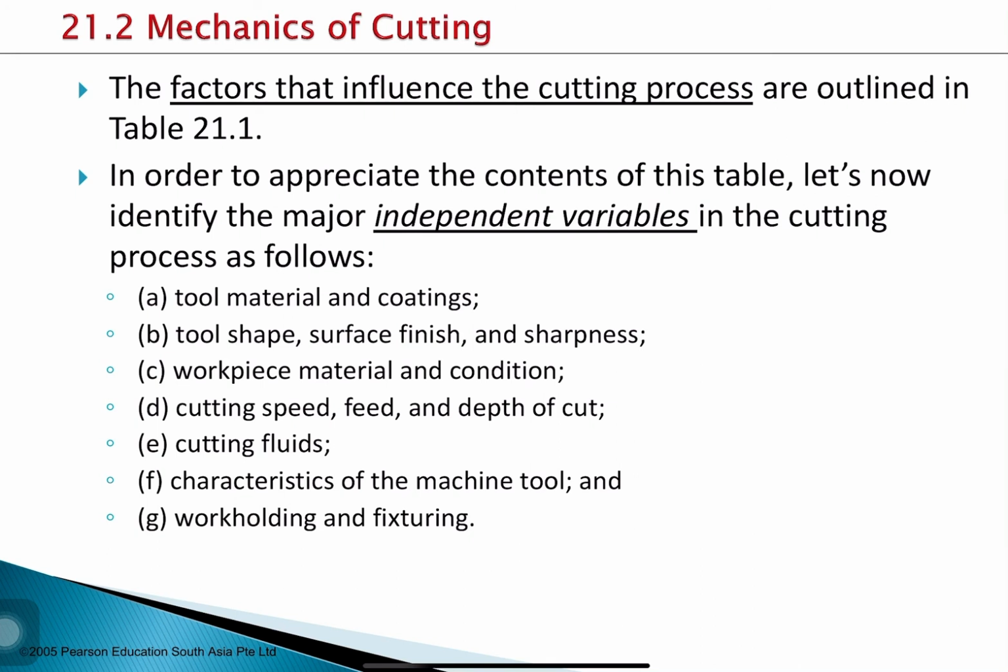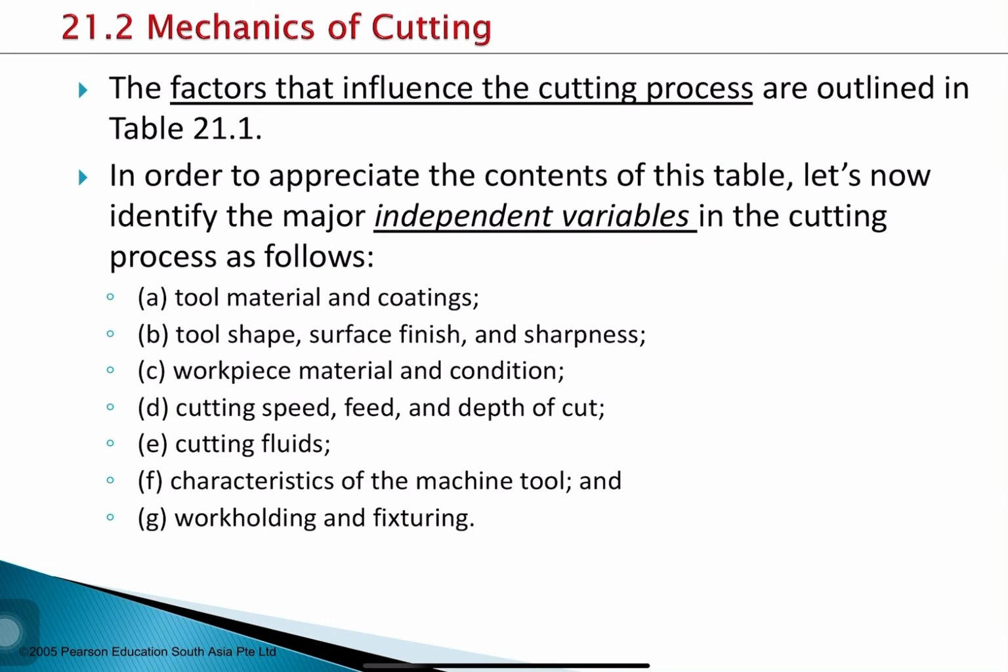There are other variables such as tool shape. You can have a round tool shape, a diamond shape, and many other shapes, so it has a different effect on the output of the machining process itself.